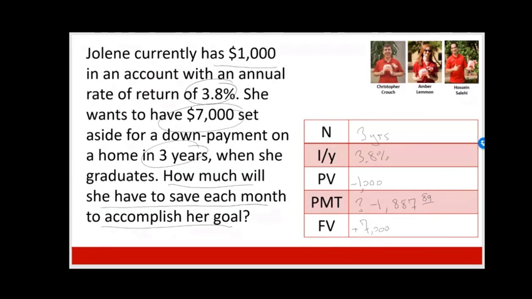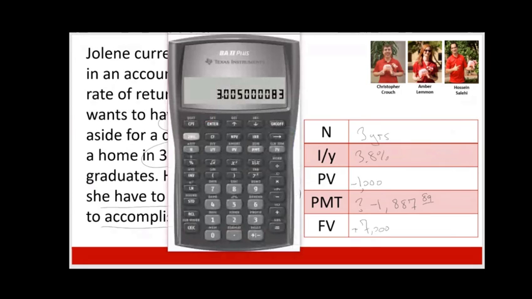You have to divide what by 12? So we need to adjust for compounding, right? The problem says, how much will she save each month? If we step back with this problem a little bit, we have a monthly payment. We're going to save that for 3 years.